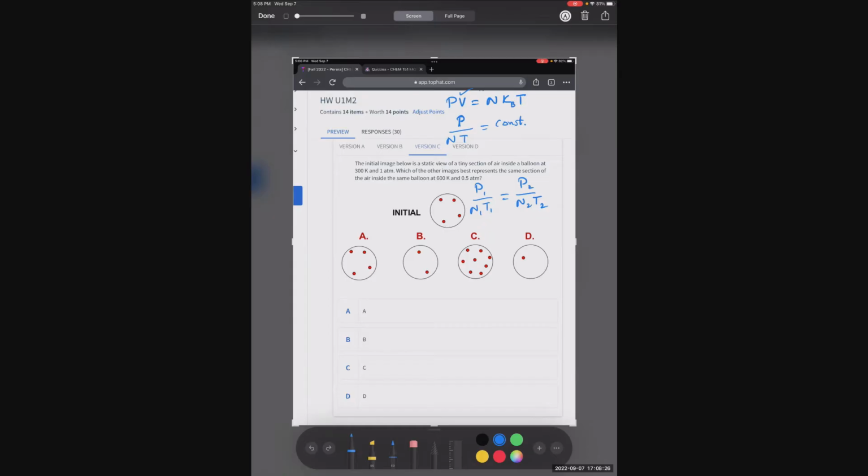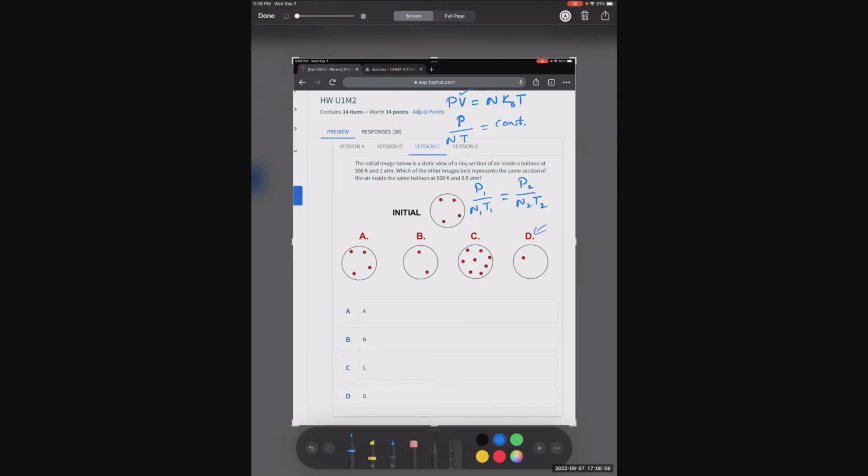We are doubling the temperature, that means the number of particles should decrease by a factor of 2. That will bring it down to 2. And then we are halving the pressure. If we do that, the number of particles should decrease by a factor of 2 again, so it should be 1. So I'm pointing at D now.